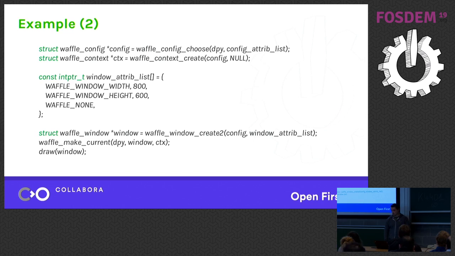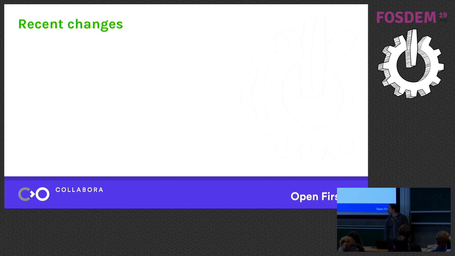You create your window, you make it current, and then you do your fancy drawing. I'm not sure to what extent people here are happy or have used GLX, EGL, and so on. Pretty much I think all of you will agree that it's a lot shorter and a lot saner, at least from my point of view it is. Okay.